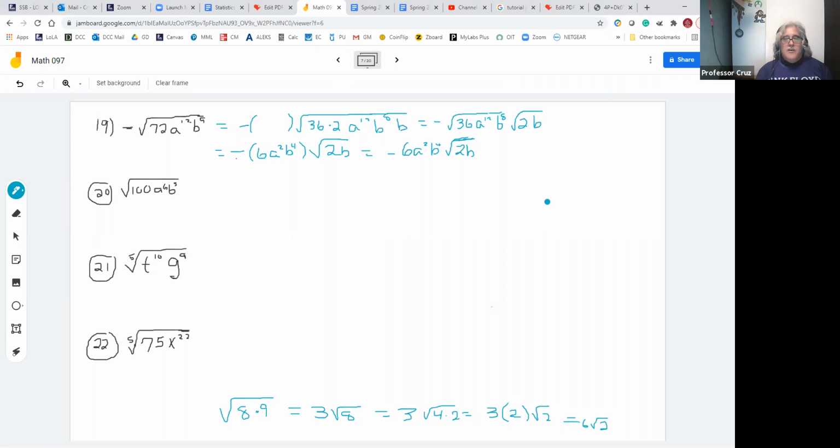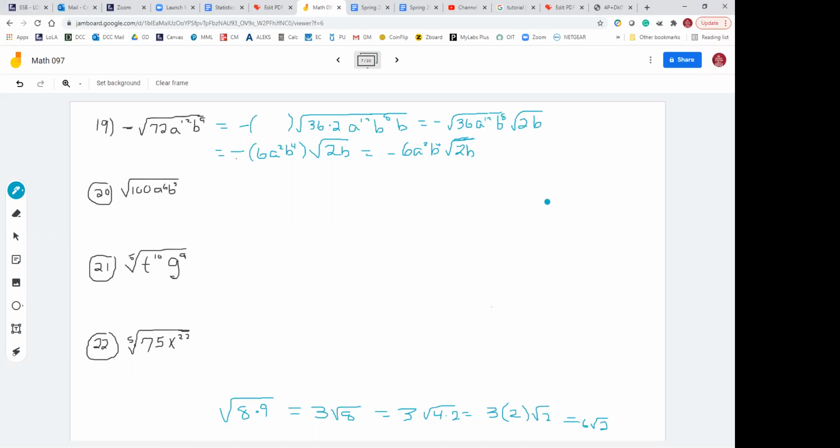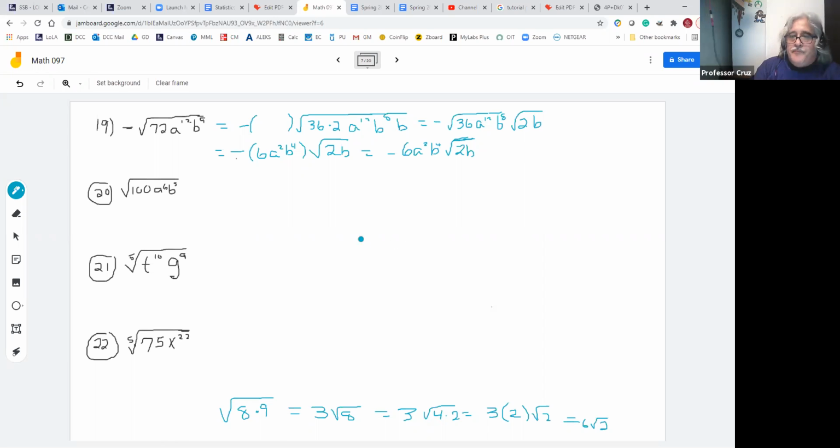All right. Does that look good on that one? See any problems? All right. So that was a negative square root.